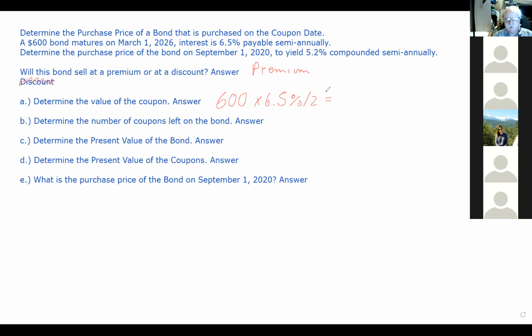So the coupon should be $19.50. Right? That's just how you calculate the coupon. Every half a year, they get interest on the 600,000 that someone has borrowed from them.